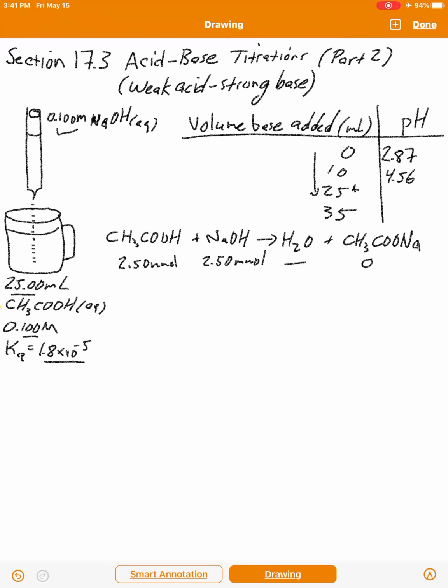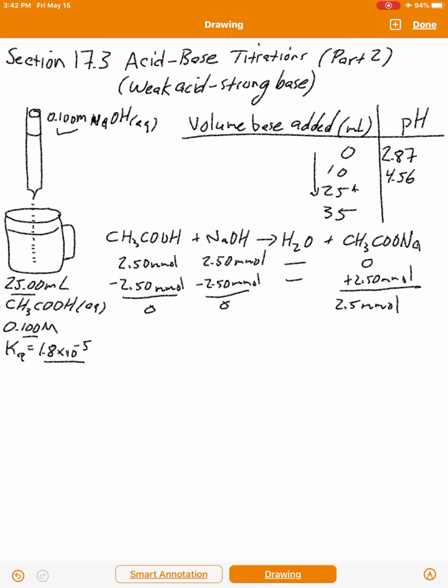Remember from the previous titration that we looked at in part 1, if the number of millimoles are equal of both reactants, that's called the equivalence point. So what happens is we subtract the number of millimoles for each, but they're equal. And so you get 0 for both the reactants, but we do now have 2.5 millimoles of the conjugate base.